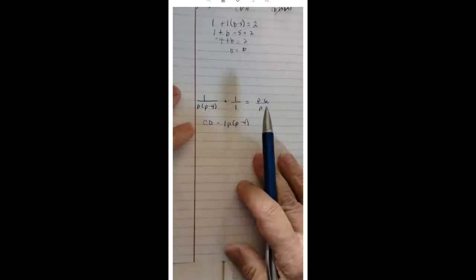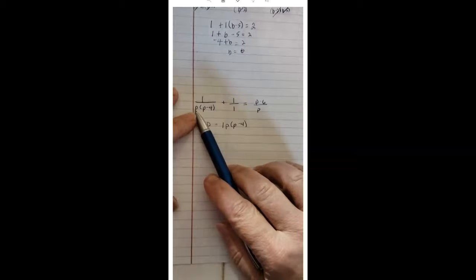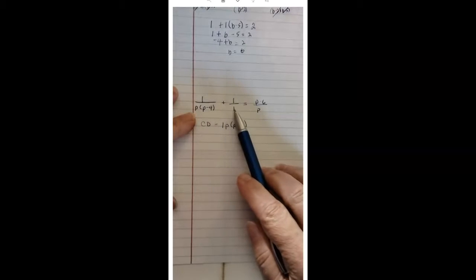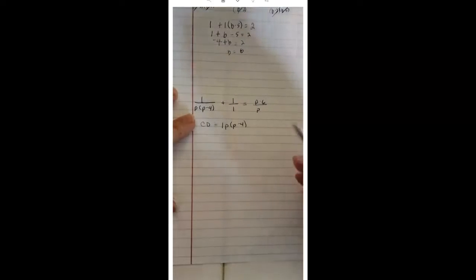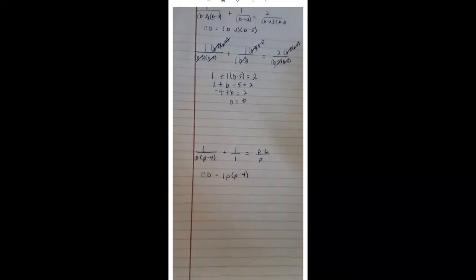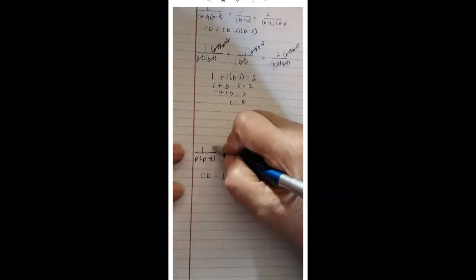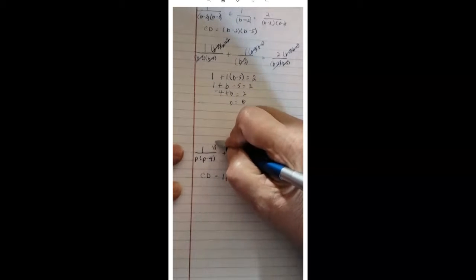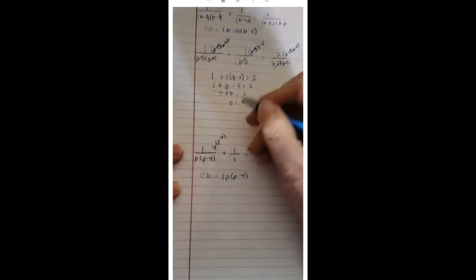So what's the common denominator? The common denominator has got a p in it, a p minus 4, and a 1. So I'm going to rewrite each one of those terms and multiply them by the common denominator. I'm going to multiply this by p times (p minus 4).